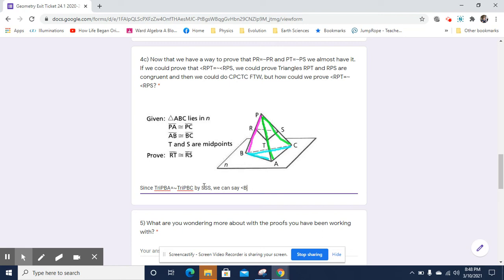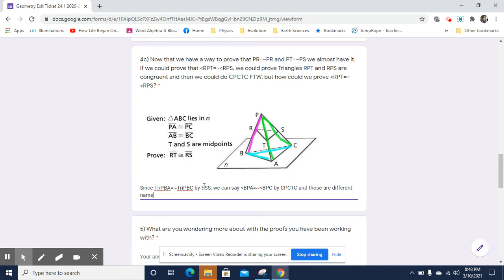So I'll say BPA is congruent to angle BPC by CPCTC, and those are just different names for angle RPT and angle RPS.